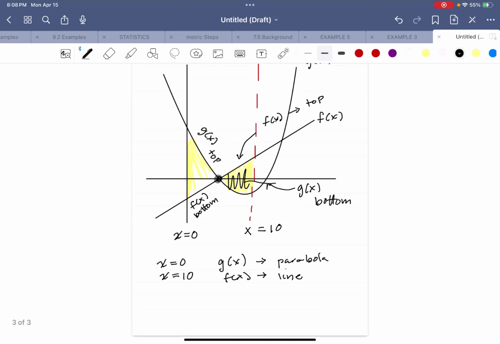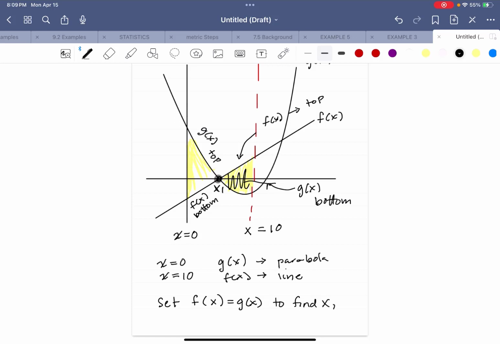Now, to find this point right here, this x value that we don't know, I'll call it x1. We know 0 to 10. We know that part, but we don't know that. So we have to set f of x equal to g of x to find x1.